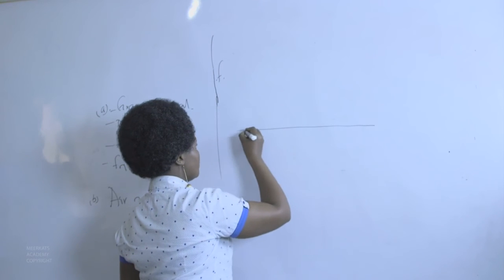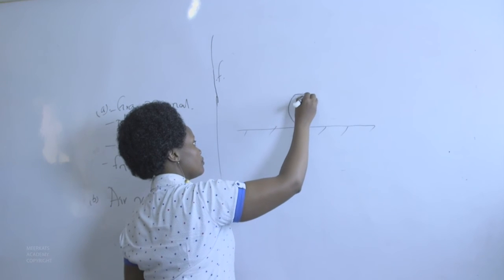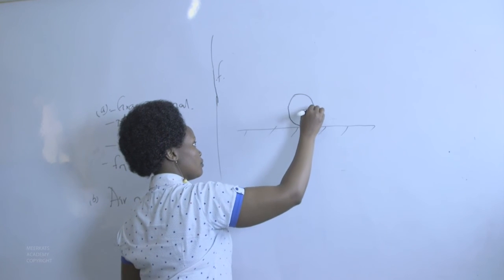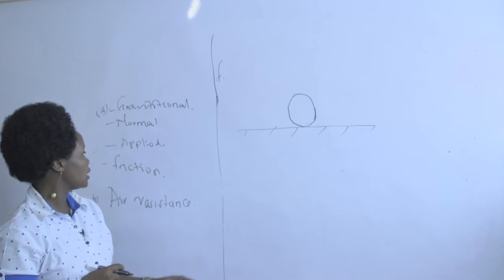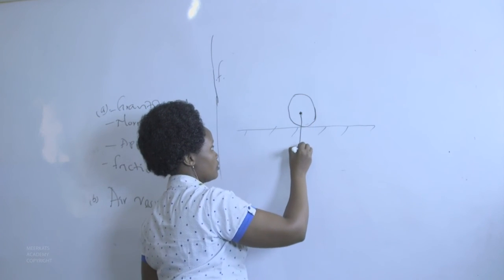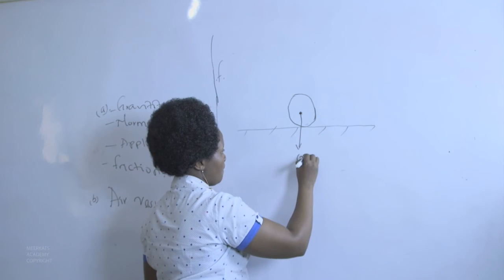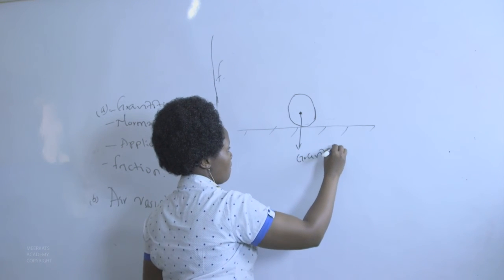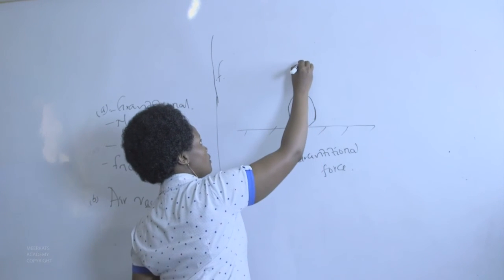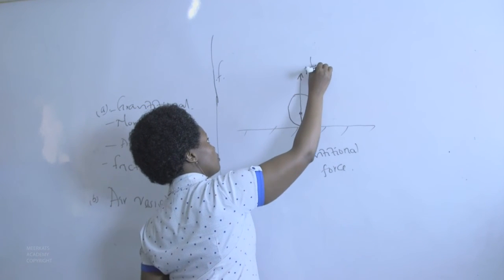We have our flat surface. Then we have the ball. The ball, part A, shall consider gravitational force, cancelled out by the normal.